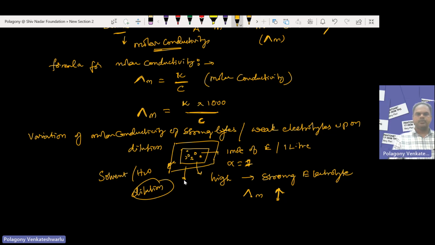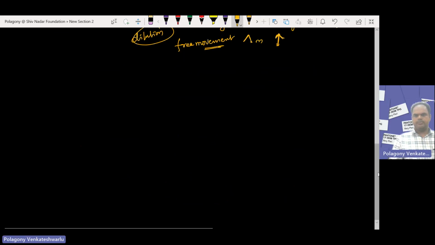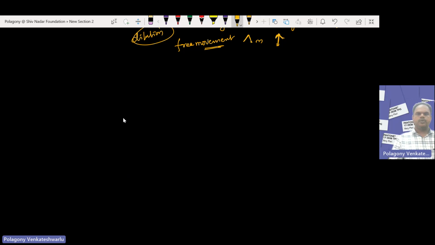Upon dilution, the free mobility of ions increases, so molar conductivity also increases upon dilution. So we can discuss in detail how molar conductivity increases with a strong electrolyte upon dilution.